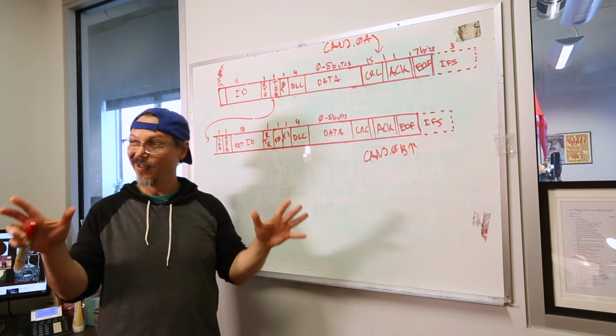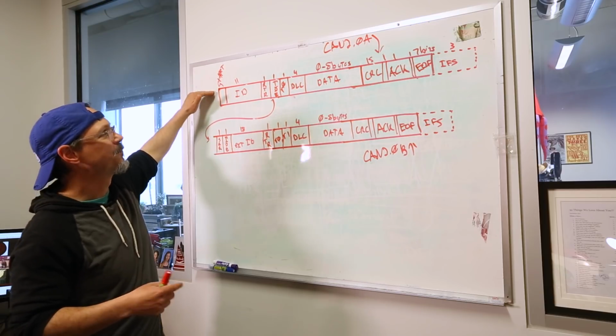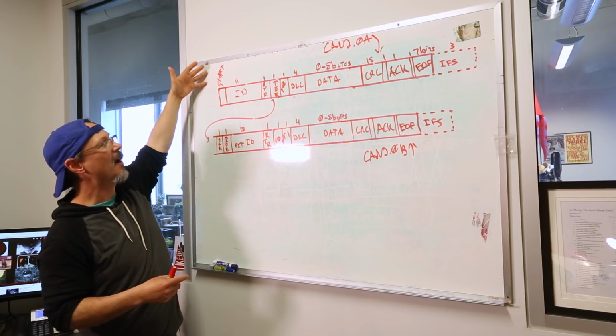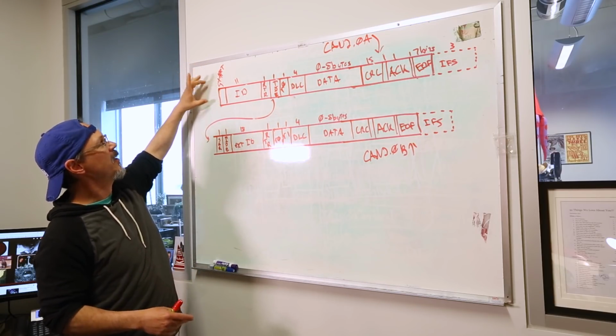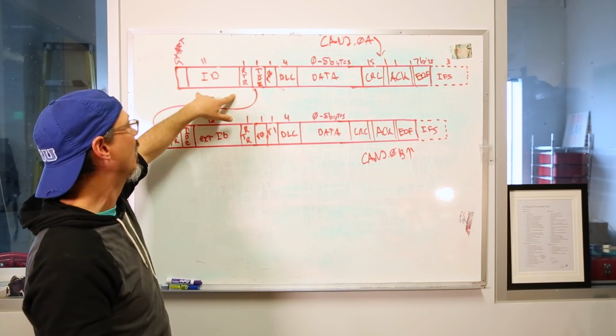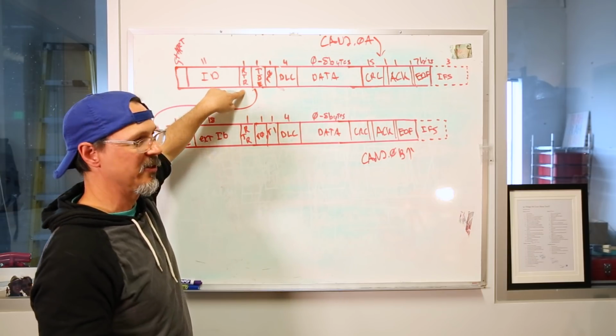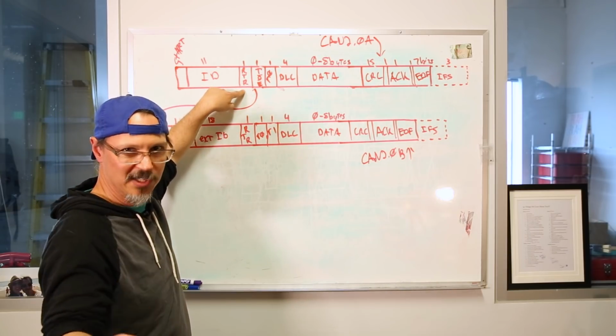So let's talk. In 2.0A, it's not very complicated: you have a start bit, and then you have an ID field, which is 11 bits long, okay? And then you have the RTR bit, which is the remote transmit request.